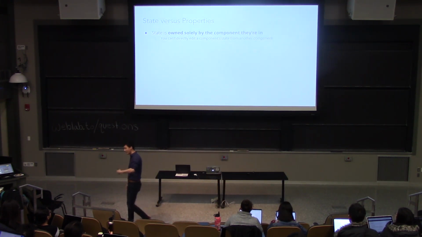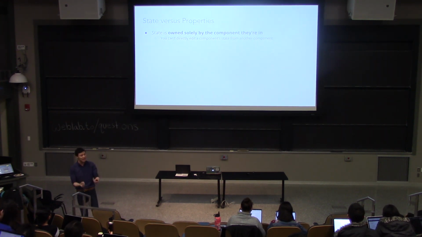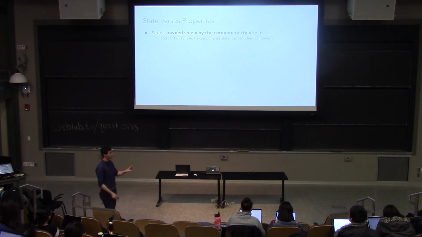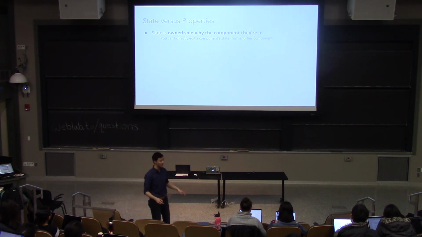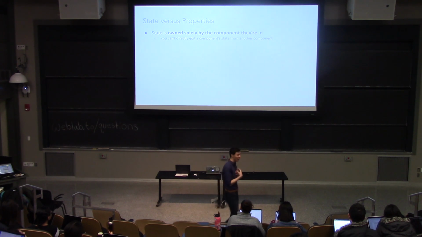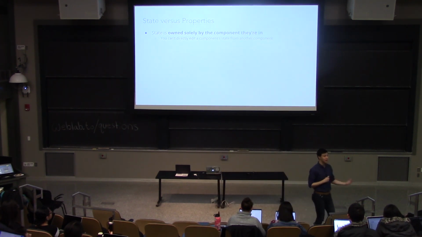So let's dive into the difference between these two, because it can be confusing. You're like, what is the difference between a state and a property? Well, states are owned solely by the component that they're defined in. Okay? So say I'm a React component, and I have a state that my name is Alex.